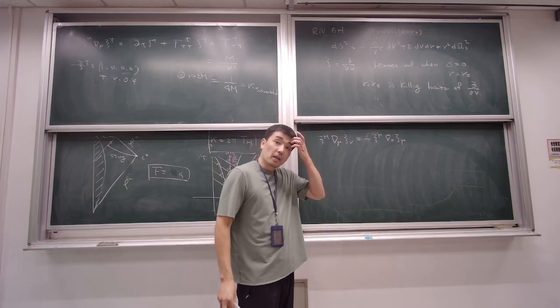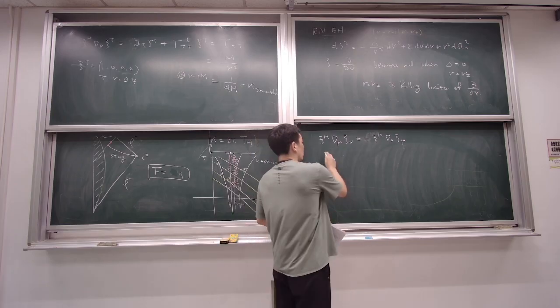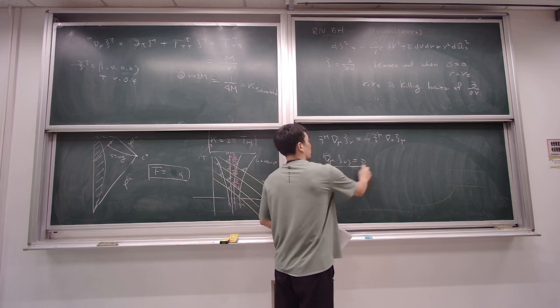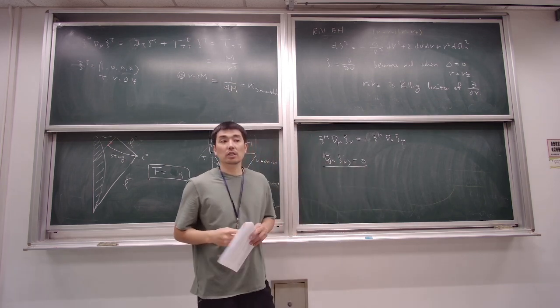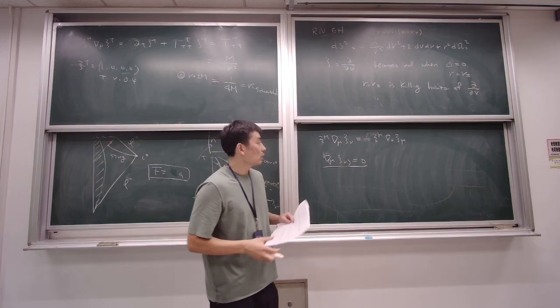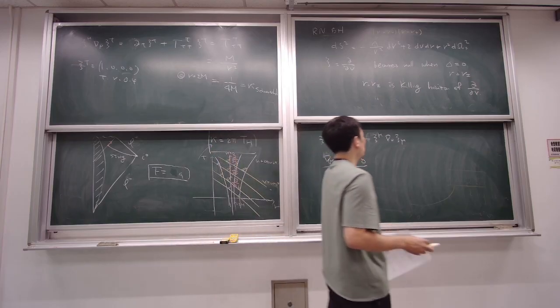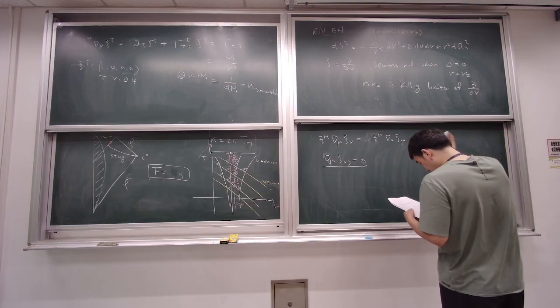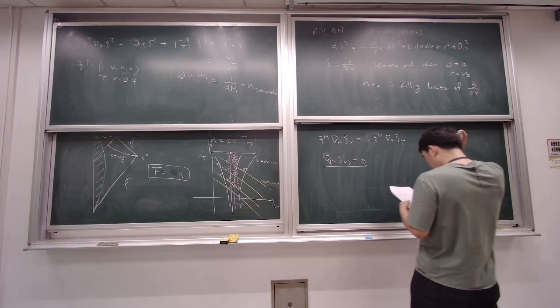Do you agree with that? Since we know that delta mu Xi mu is equal to 0 because of the Killing equation. So therefore, we can use this one, and this one, to evaluate this one.